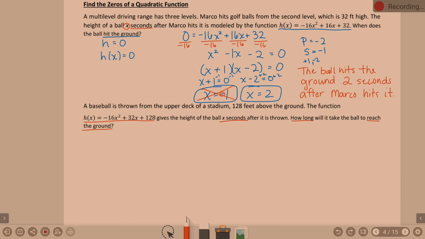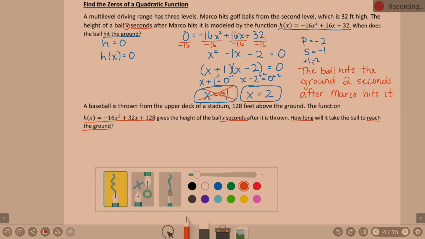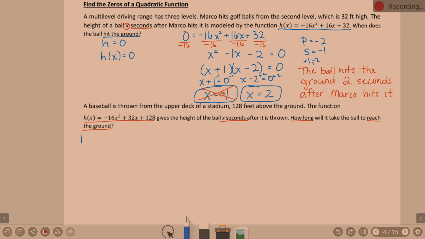We want to know when it hits the ground. So we have a height of 0. So again, take your equation and set it equal to 0. So I'm going to have 0 equals negative 16x squared plus 32x plus 128.